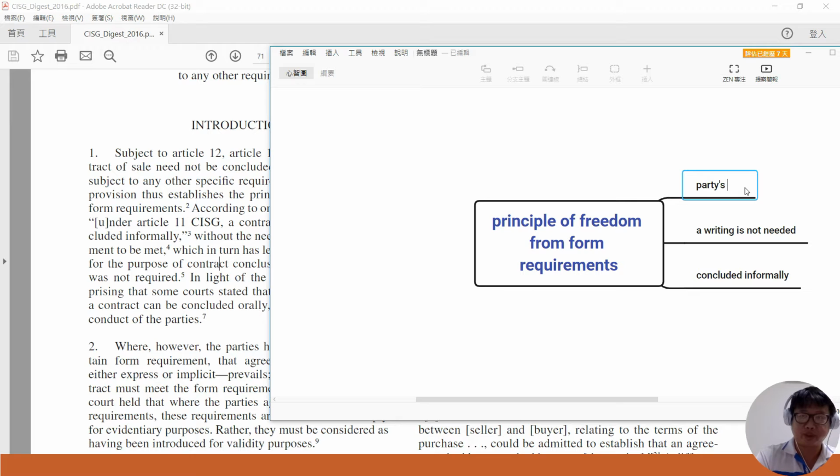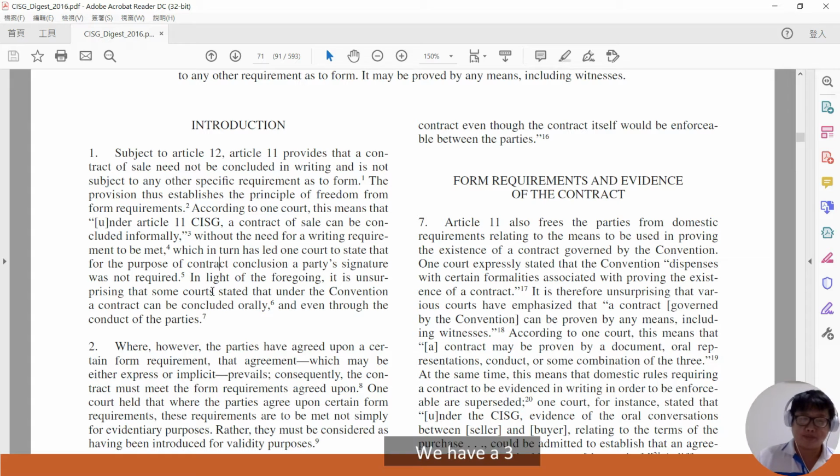One of the parties' signature is not required. Okay, so we have three ideas.